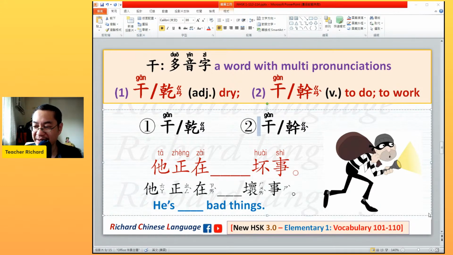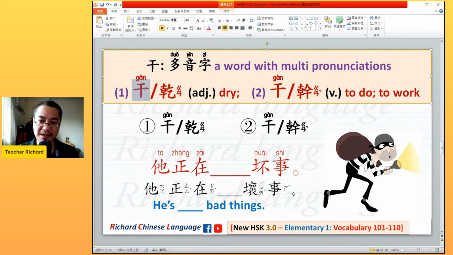Okay, very good. Now you understand the two pronunciations respectively stand for two different meanings. 干 means dry. 干 means to do. Okay?